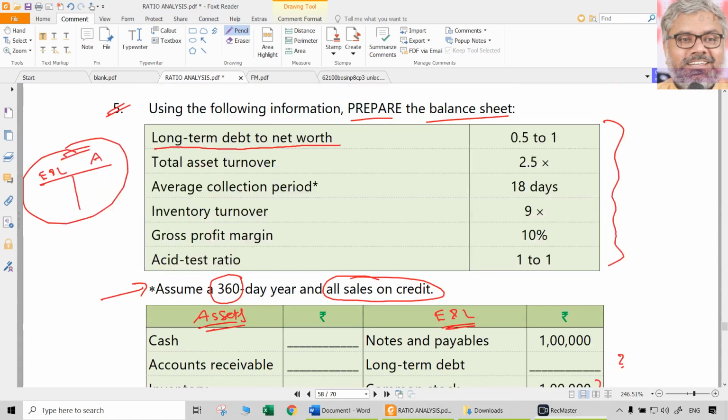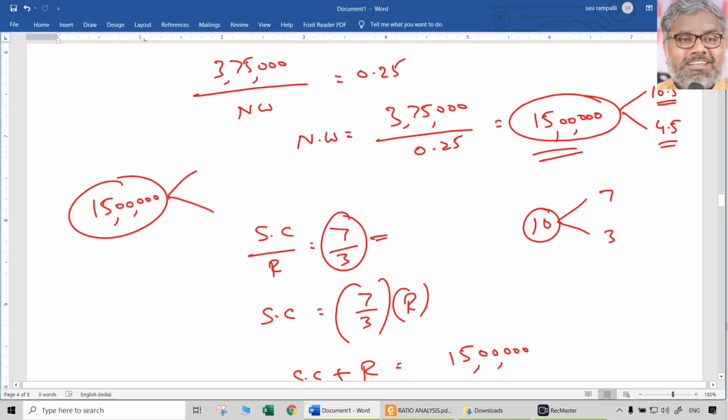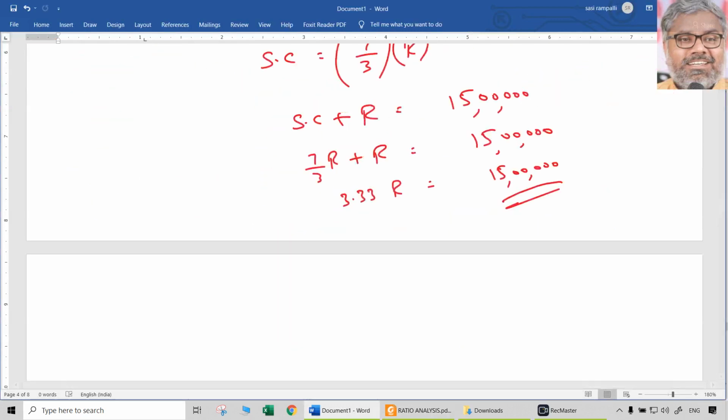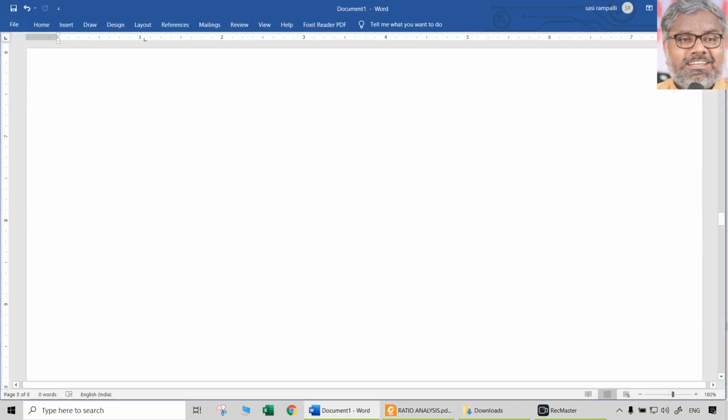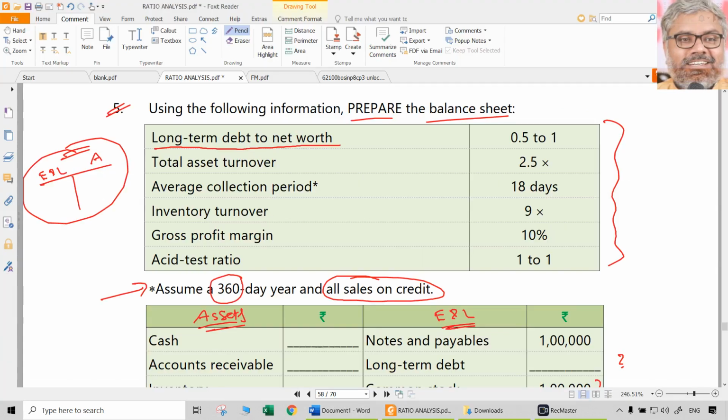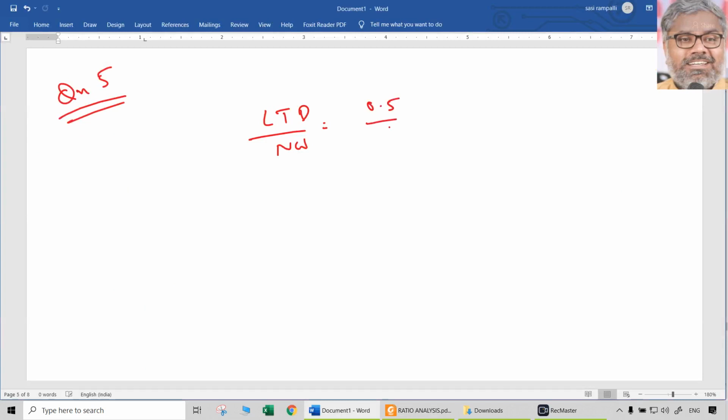When long-term debt to net worth is 0.5, long-term debt to net worth is 0.5, for convenience divided by 1. How much will be long-term debt?